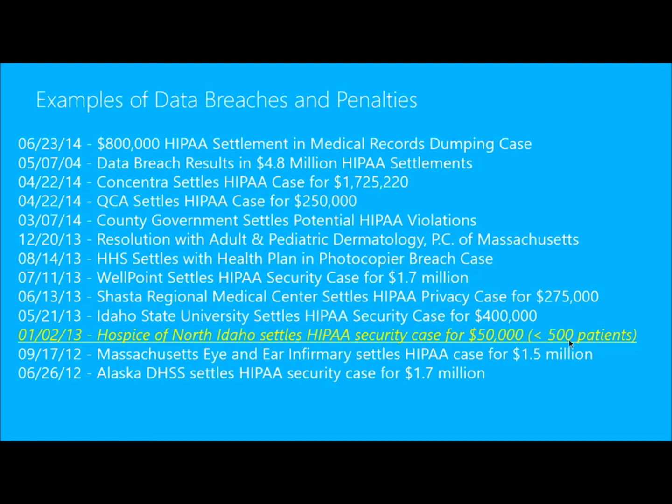This is a small nonprofit hospice in North Idaho, which settled a HIPAA violation case for $50,000, and it involved less than 500 patients. So this brings to light that small practices are being noticed by HHS. You really have to step up and make sure your HIPAA compliance is up to date, and a security risk assessment is your first step in becoming HIPAA compliant.